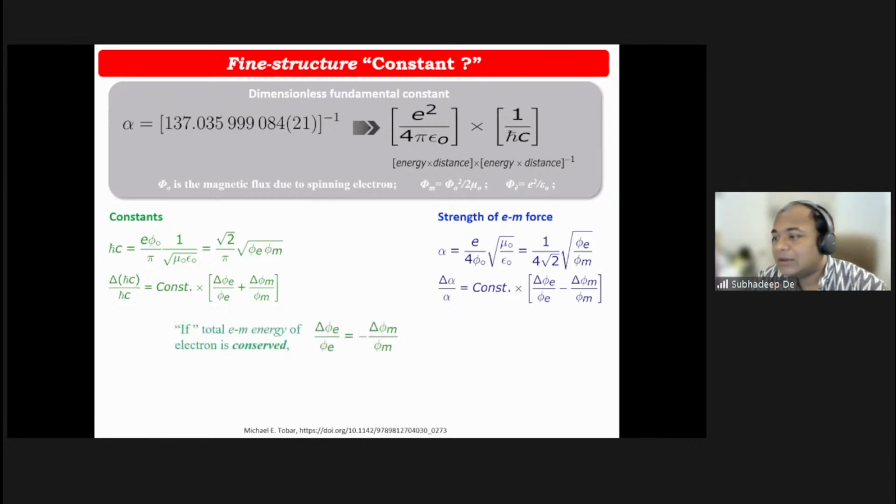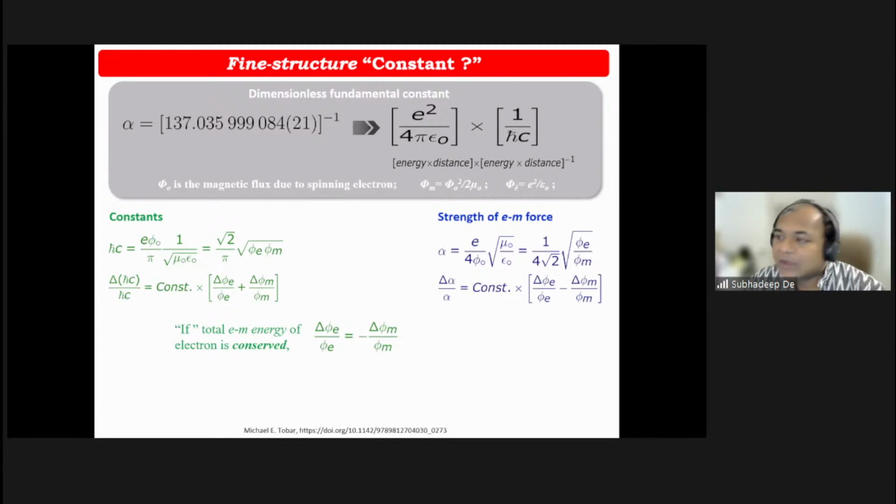But now let's say we know that the total electromagnetic energy should be conserved. Now this is actually related to the vacuum fluctuations. If the vacuum fluctuation phenomenon is constant over, let's say, cosmological time, then we can consider electromagnetic energy to be conserved. But if that has changed, then the total electromagnetic energy probably should also have changed over cosmological times.